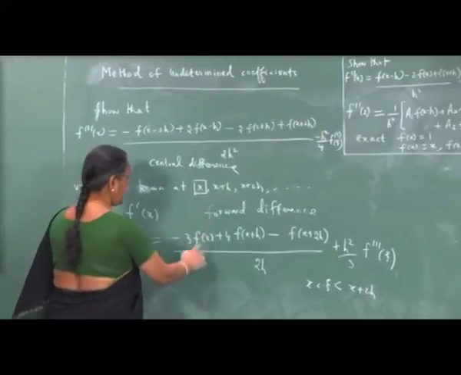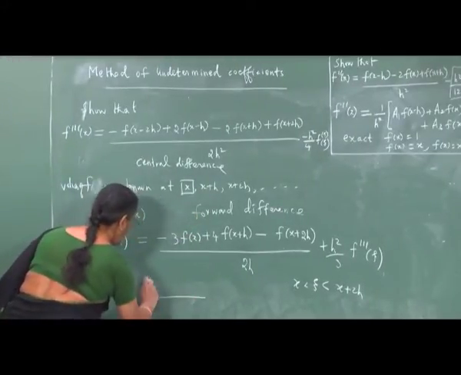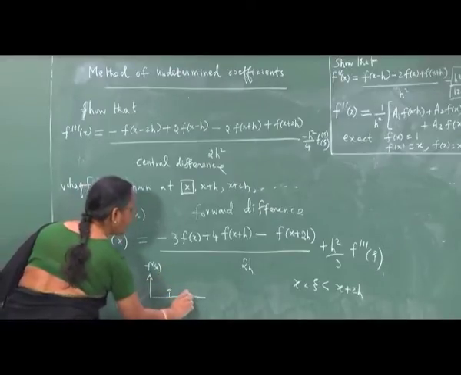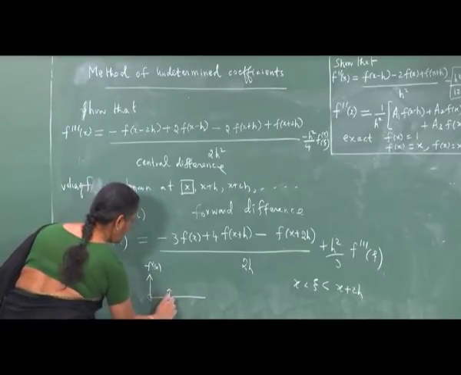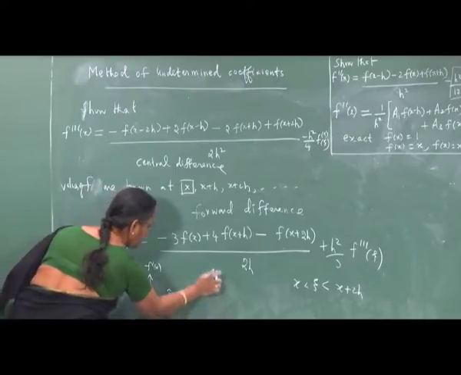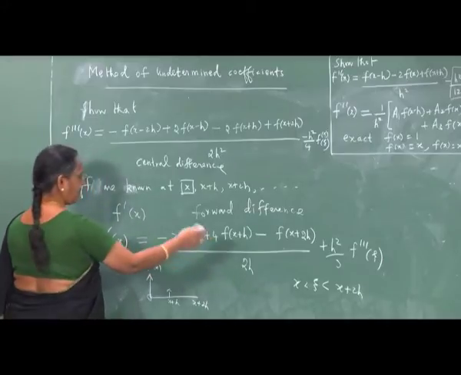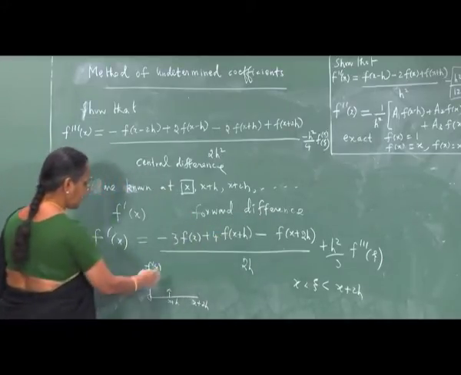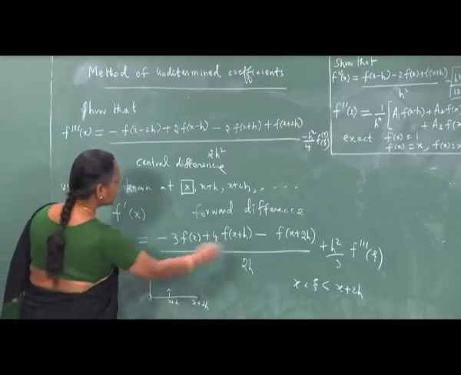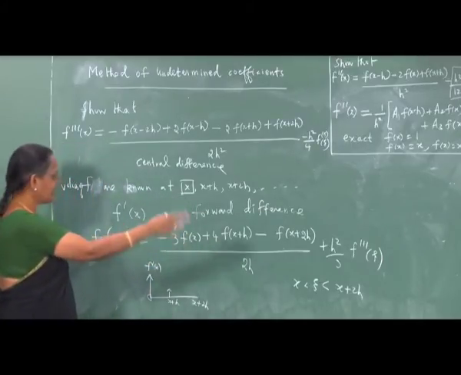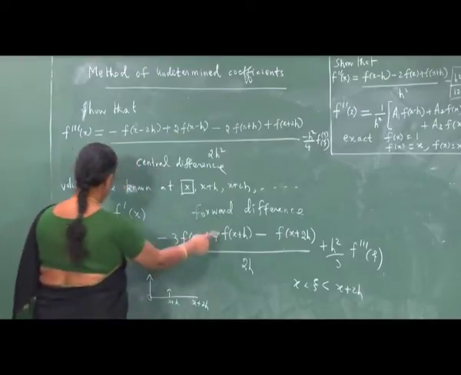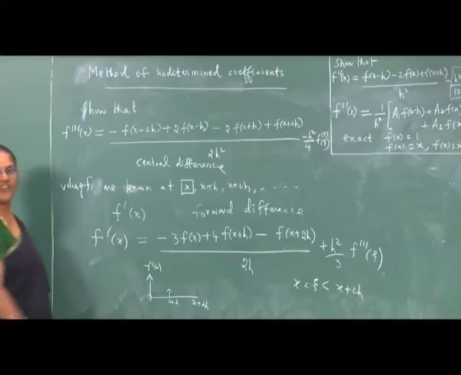So, you observe that the derivative at this end point is required, and it is given in terms of the function values at x, x plus h and x plus 2h. So, it involves the function values that lie to the right of x. So, it is called a forward difference approximation to the derivative f dash of x.